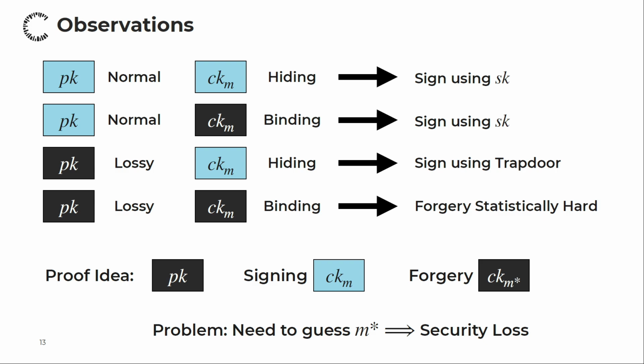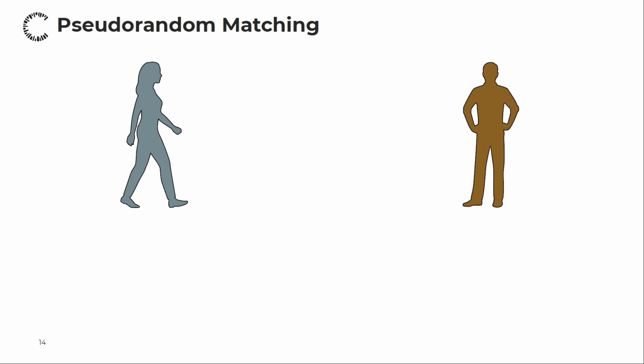And one of the technical contributions of Chopsticks is to remove the security loss using a technique that is called pseudo-random matching. So here we will again have Alice and Bob, but now they will not have one public key each, they will each have two public keys. And there will also be 2 message-dependent commitment keys.